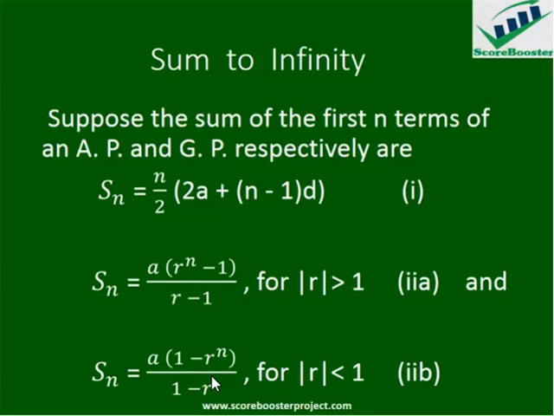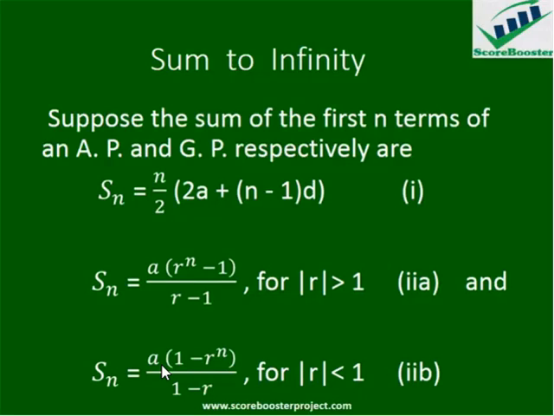So from the result, the value of Sn for n equals 2 is 3, and the value of r raised to power n is 1/4, or 0.25. When n is 5, the value of Sn equals 3.8, and the value of r raised to power n is 1/32, or 0.03125. When n is 7, the value of Sn is 3.97, and the value of r raised to power n is 1/128, which is the same thing as 0.0078125.